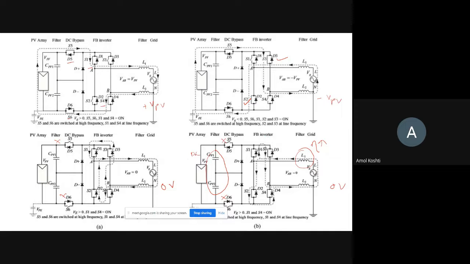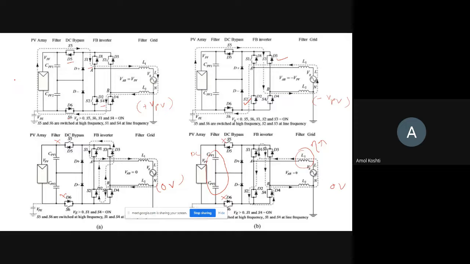So here in the study, if you observe, every time I am telling you that switching happens, then VPV is produced, minus VPV is produced, and 0 volt is produced. In the previous topology also I told you VPV, minus VPV, and then 0 is produced. So here there is a structural difference. There are three parameters to be considered.